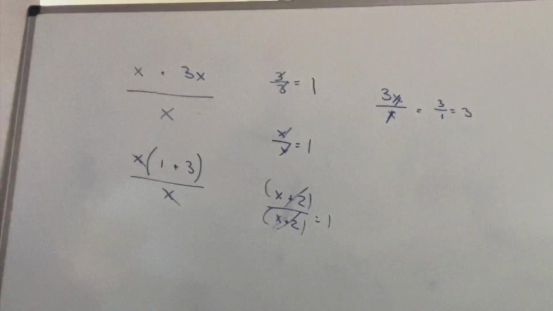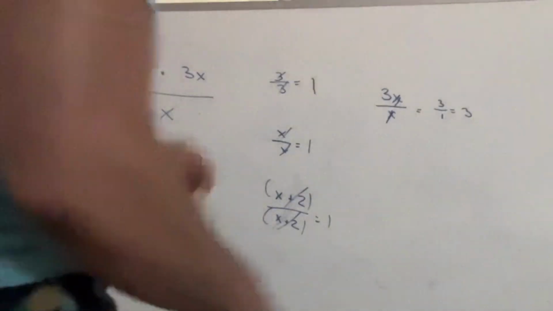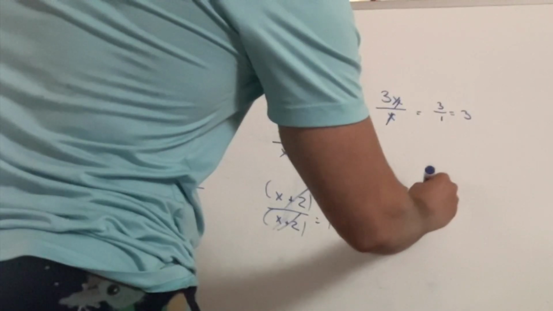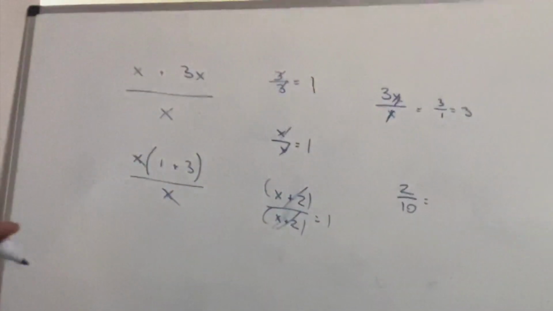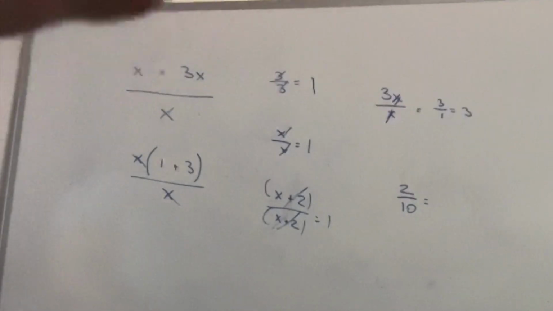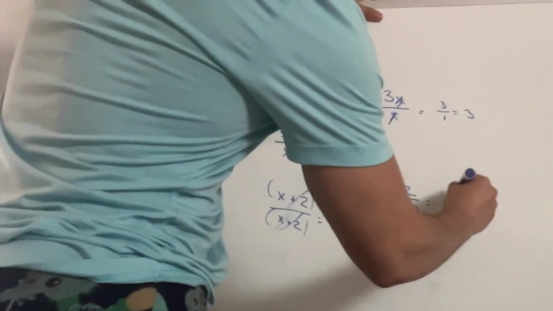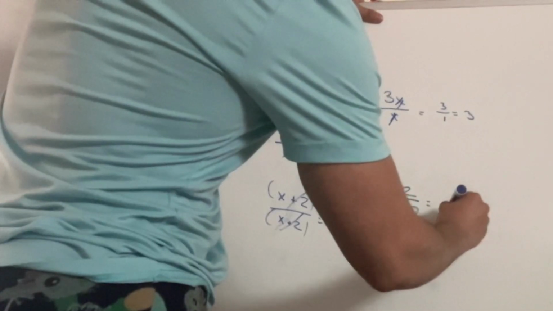If I had something like 2 over 10, now some people could see it, it's just 1/5, but if you want something to visualize it with, 2 over 10 is the same as saying 2 over 2 times 5.